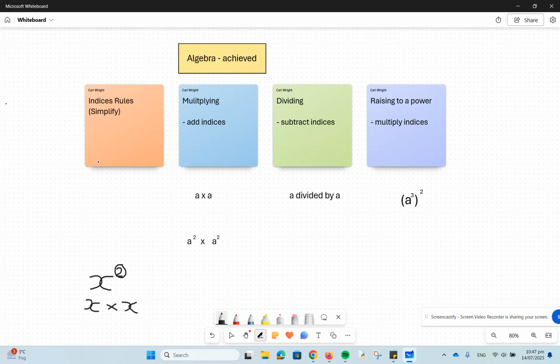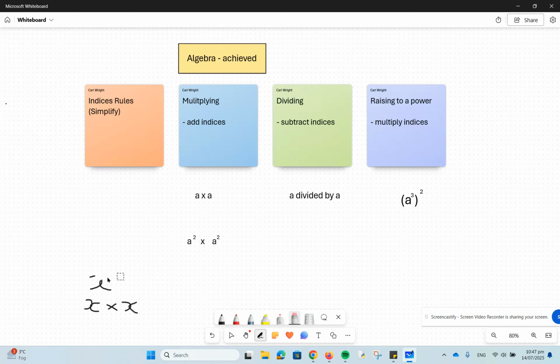There are rules when you're doing algebra with powers like that, and you're doing different types of things apart from adding or subtracting. We already learned the adding and subtracting rules.